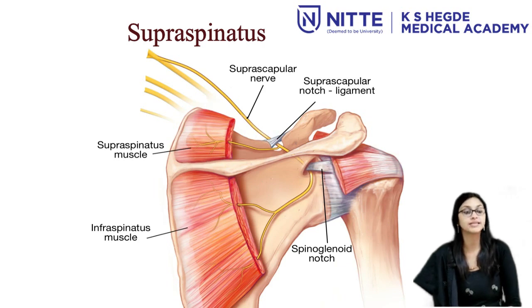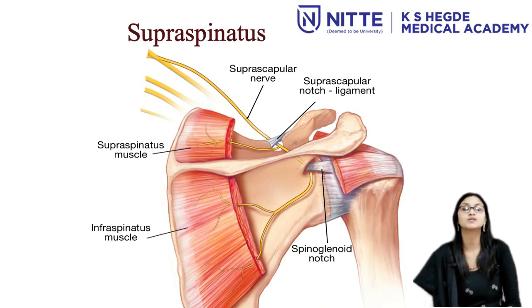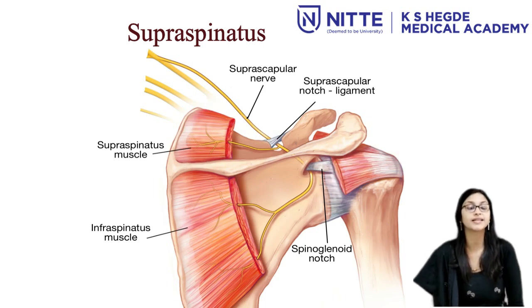The nerve passes deep to the superior transverse scapular ligament, which bridges the scapular notch. After reaching the supraspinous fossa, it supplies the supraspinatus muscle, winds around the spinoglenoid notch and ends by supplying the infraspinatus muscle. This nerve also gives an articular twig to the shoulder joint.